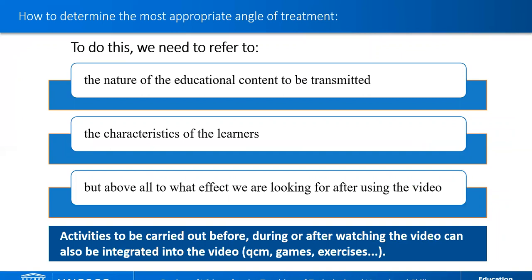Now, to determine the most appropriate angle of treatment, we need to refer to the nature of the educational content to be transmitted, the characteristics of the learners, and then above all what effect we are looking for after using the video.